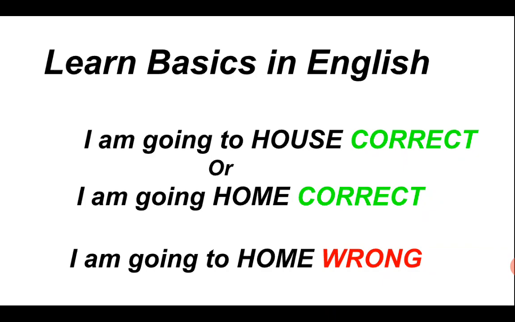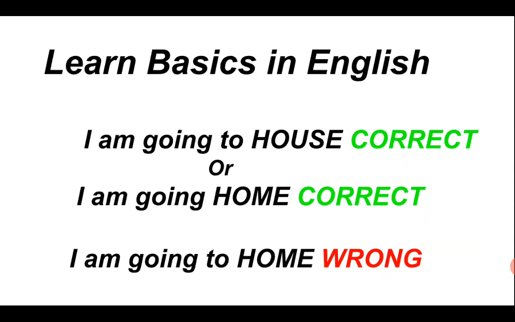Therefore it is wrong. But we can use the preposition to when there is a pronoun before home. That is right. So let me make it correct. I'm going to my home. My home is right, because to, the preposition, can be used before a pronoun.